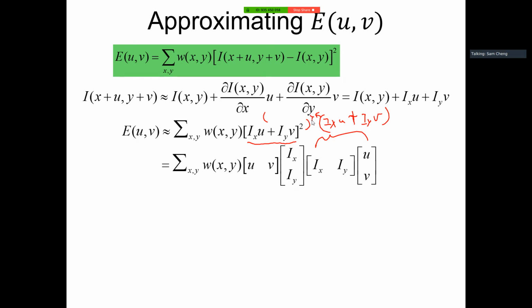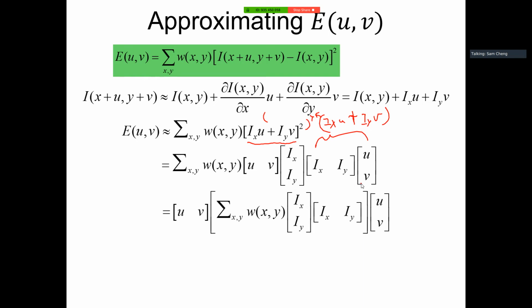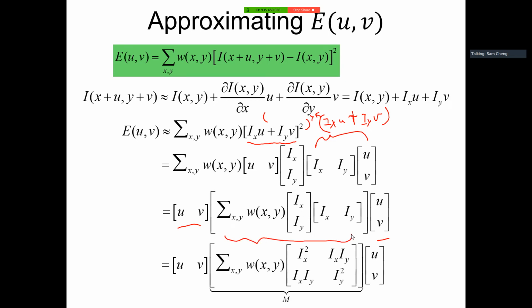Then here is the sum over x, y, so I can pull u, v outside. I can just compute this first, and I can call this M or something.